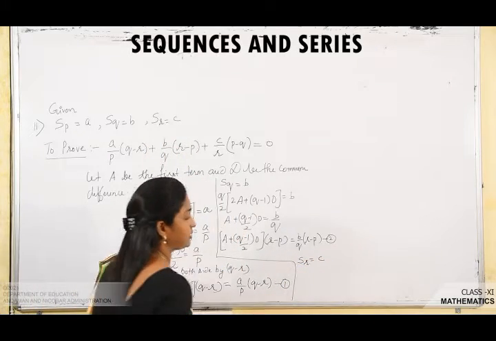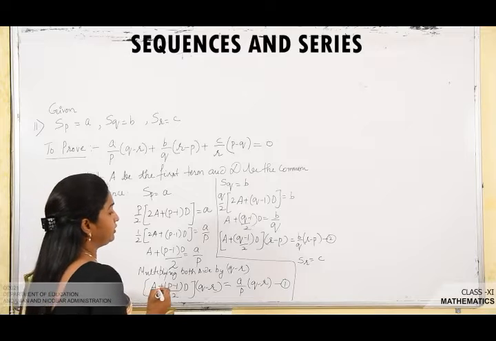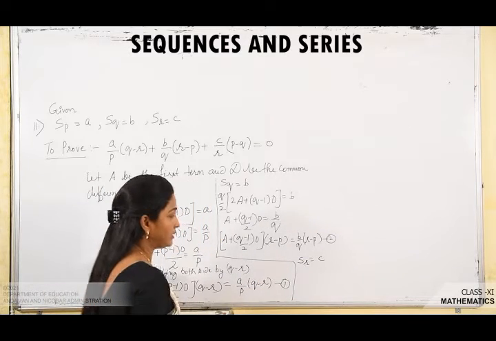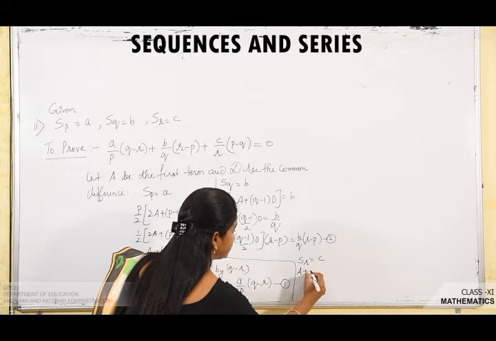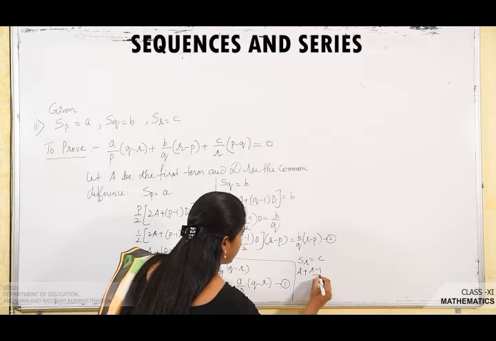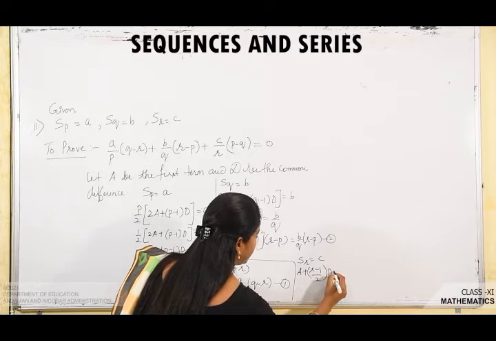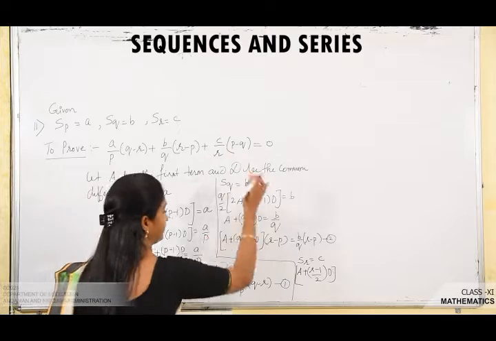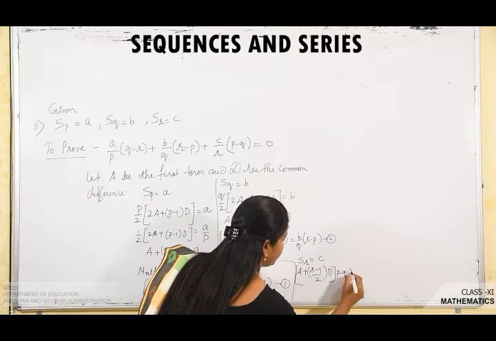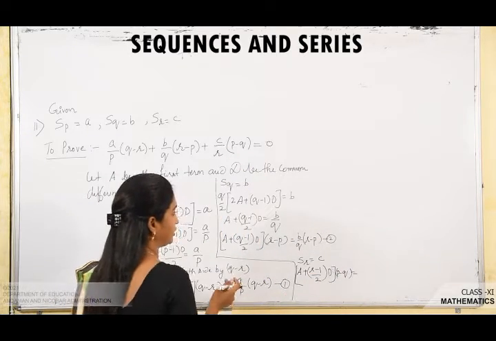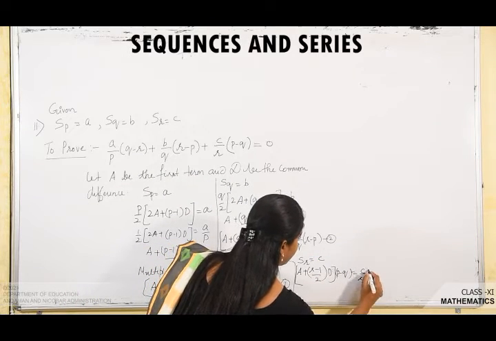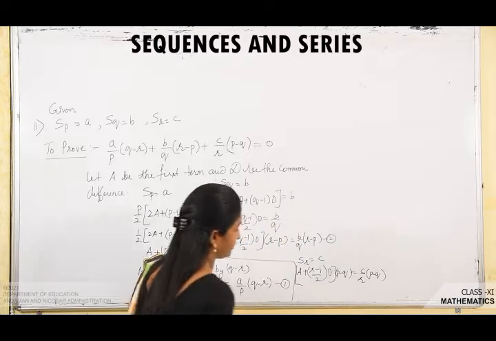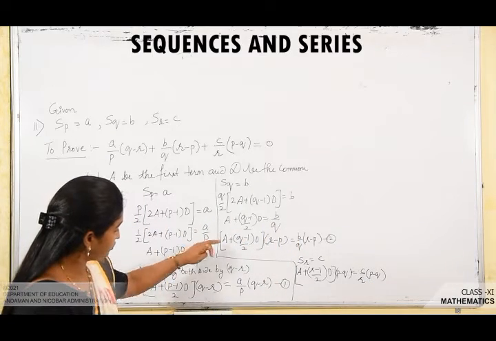Now again we will find SR. SR is equal to C, it is given. So again what you will do here, when you find sum to R terms, you will observe that directly you can write A plus, you will finally get R minus 1 by 2 into D, it will be multiplied with P minus Q, that will be equal to C by R into P minus Q. Okay. 2, you have solved it.